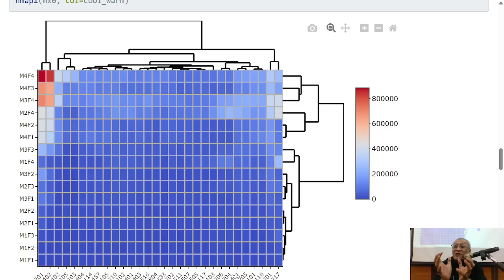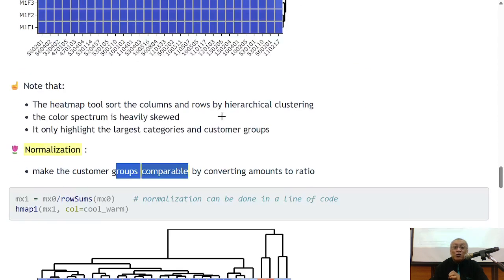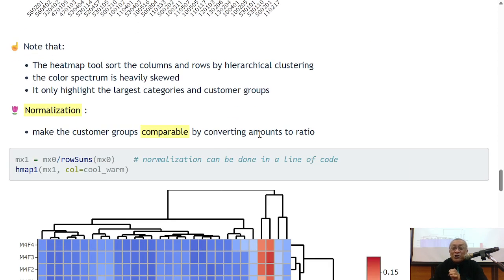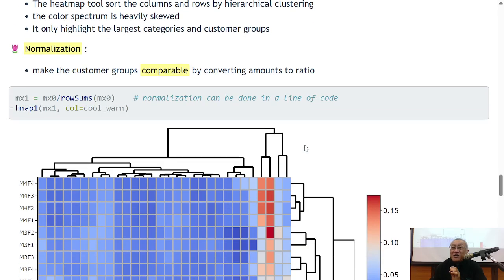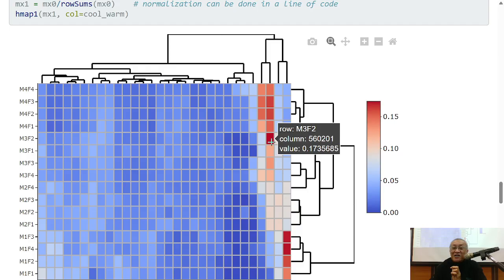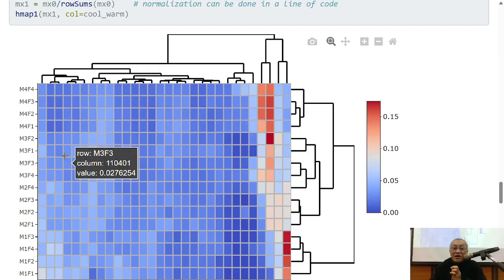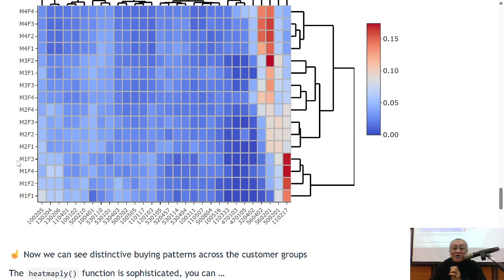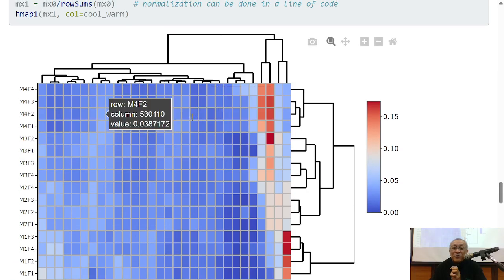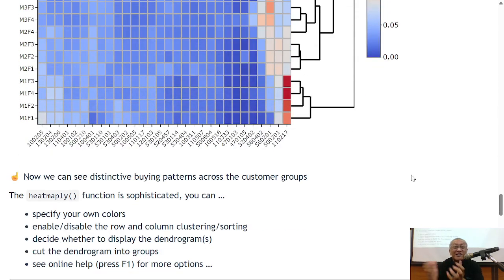So you do not compare revenue directly, right? You divide the row by the row sum, and in this way you transfer the buying amount into the buying ratio. So you can say that each different group, this group prefers to buy this category, and this group prefers to buy this category, right? So in this way you can see the difference among them.